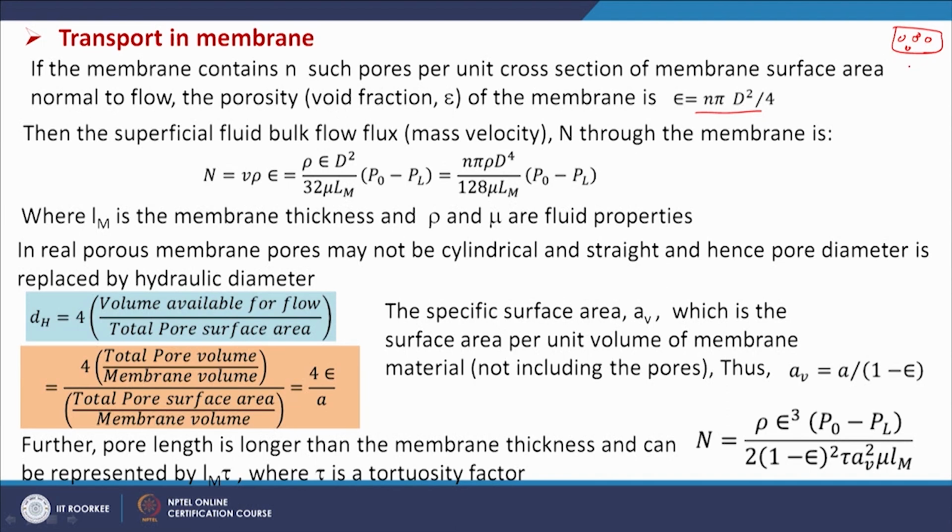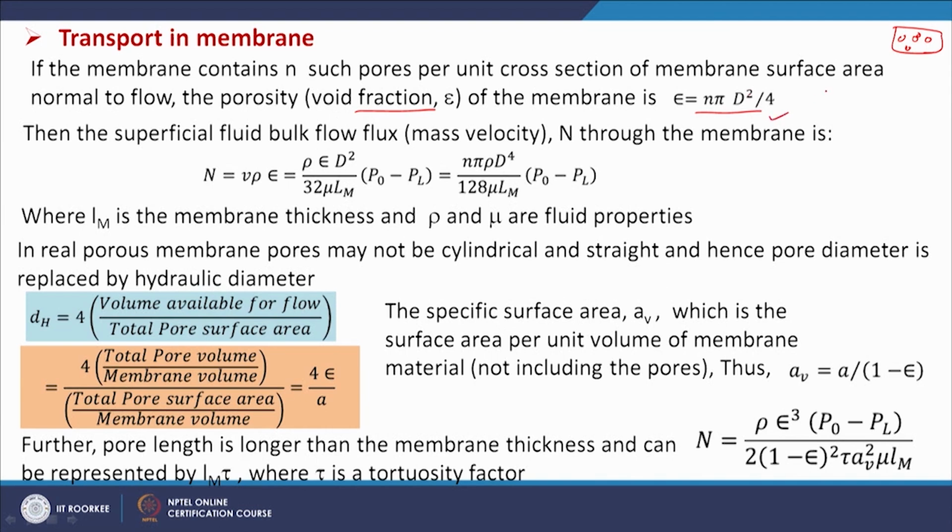So, the void fraction is the volume of the pores divided by the volume of the filter. If we take the unit length once again, 1 into 1 is the volume, and n into pi d square by 4 into 1 will be the volume of the pores. So, epsilon is equal to the volume of the pores by the volume of the membrane, which is equal to n pi d square by 4, that is the void fraction.